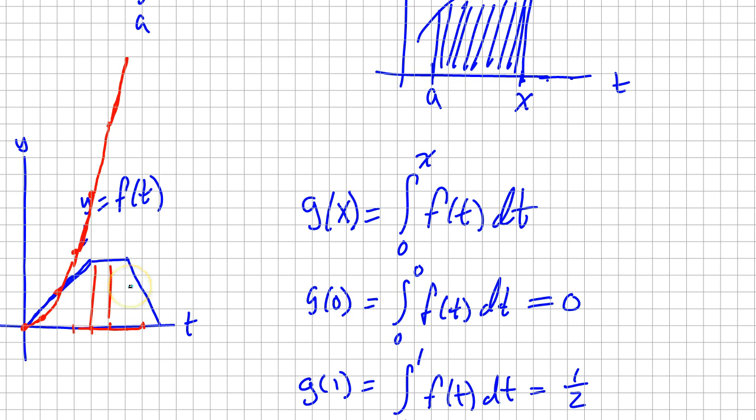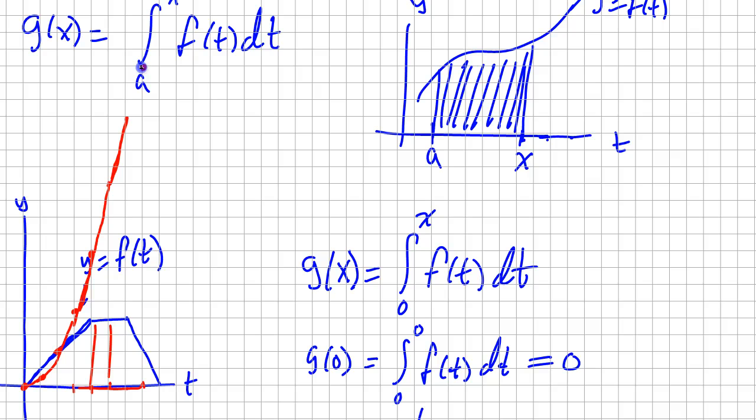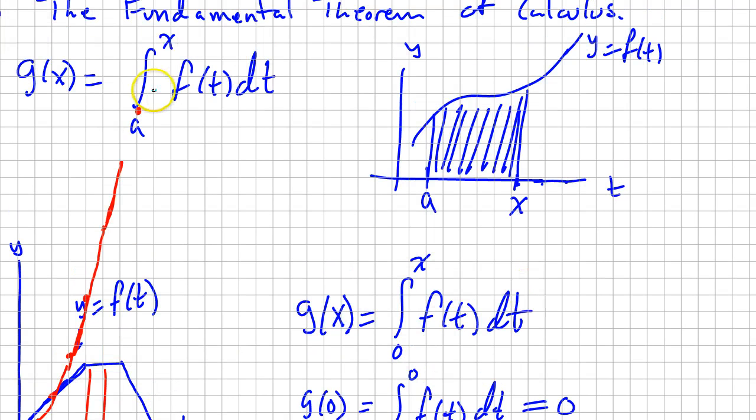So I'm adding another 3 onto that. 1, 2, 3. And then by the time I get over here to 8, I'm adding on another 1 to that. And this comes in like that.